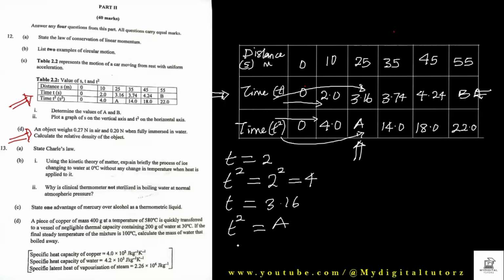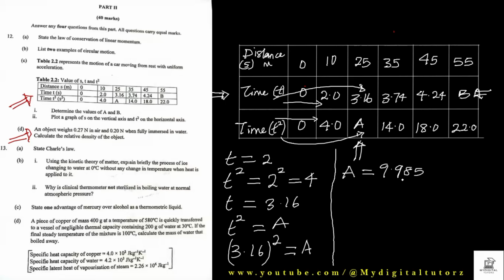So we have t squared, that implies 3.16 all squared is equal to A. So you just press your calculator. That implies A is equal to 9.985. So that is the value of A. I've gotten that one. The next is the value of B.